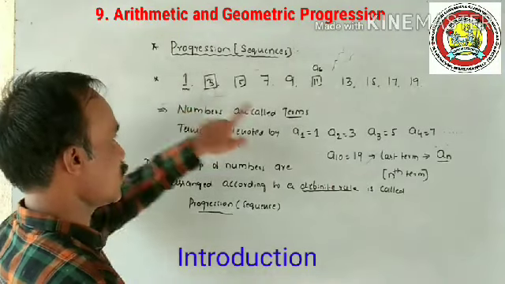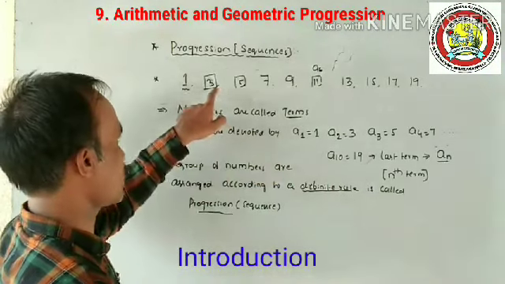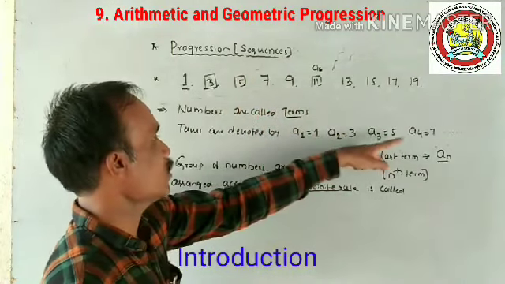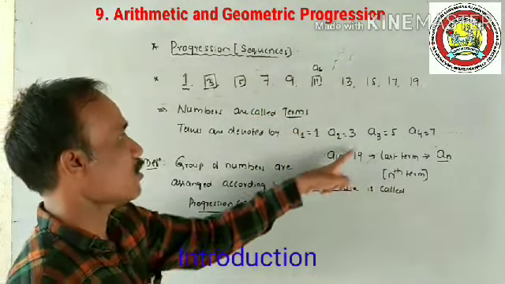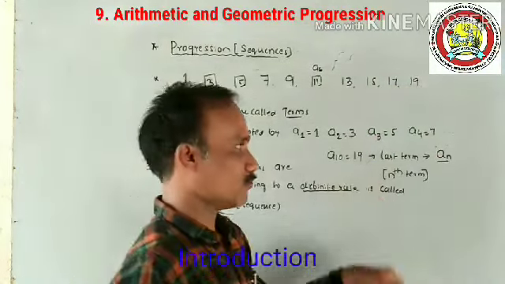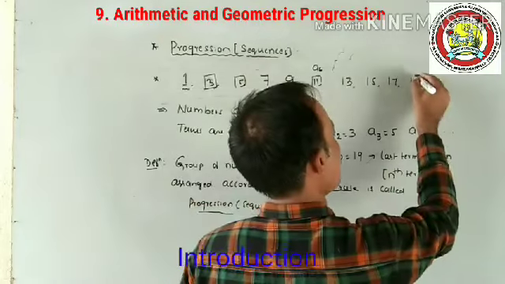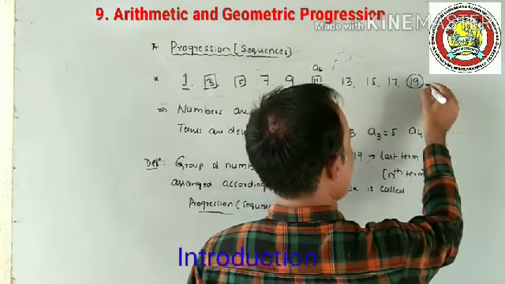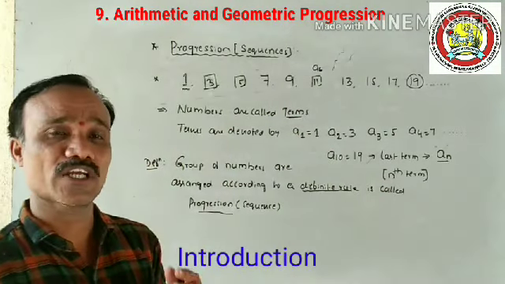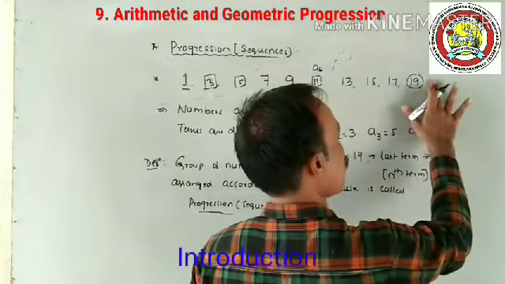So the first term is denoted by a1 and is equal to 1, a2 is equal to 3, a3 is the third term, equal to 5, a4 is equal to 7, and the last one, a10, is equal to 19. The last term is very important. If it is the last term, it is denoted by an. If dots represent an infinite number of terms, then we cannot write the last term, or an.